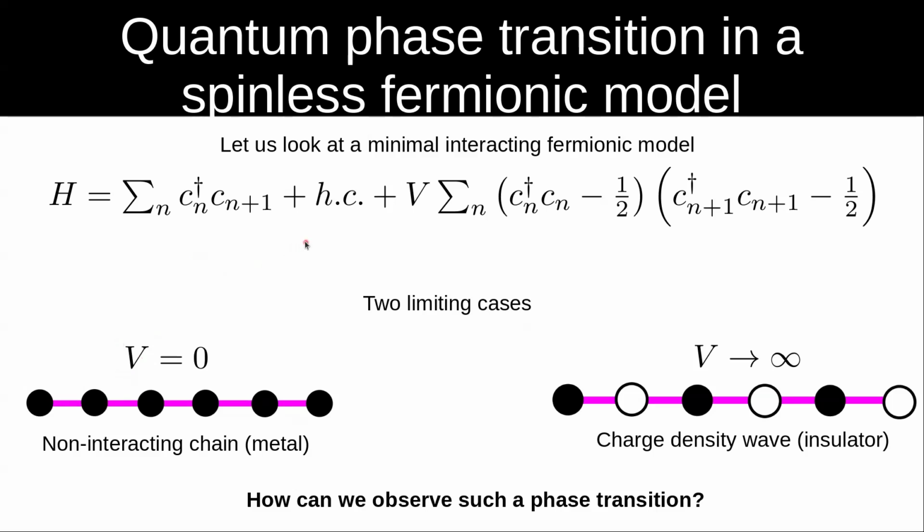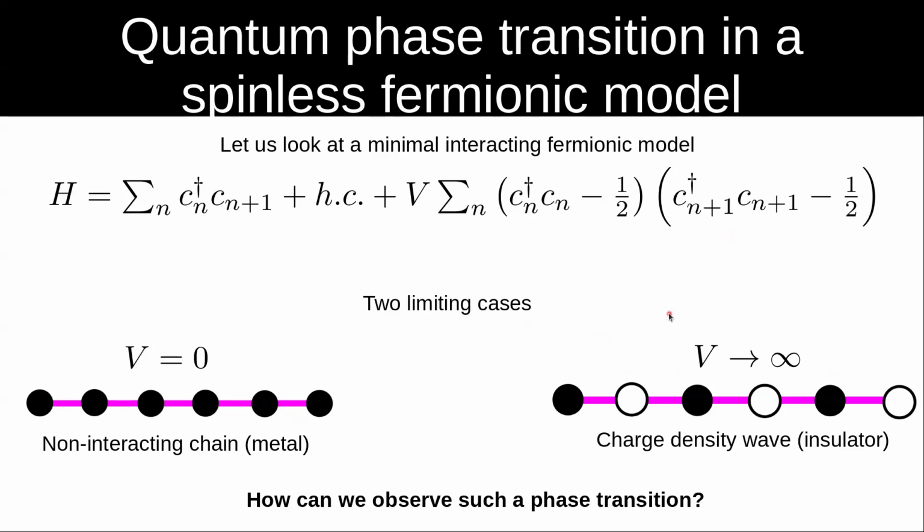If we consider V equal to infinity, we can effectively just ignore this term in the Hamiltonian and consider that our full Hamiltonian is this term over here. And if your full Hamiltonian is just this term that you have on the right, you can actually easily see that the ground state that you get is a ground state where you have 1 electron in one site and 0 electrons in the next one, and then 1 electron and 0 electrons, and then 1 electron and 0 electrons, because that's actually the state that minimizes the energy of that Hamiltonian.